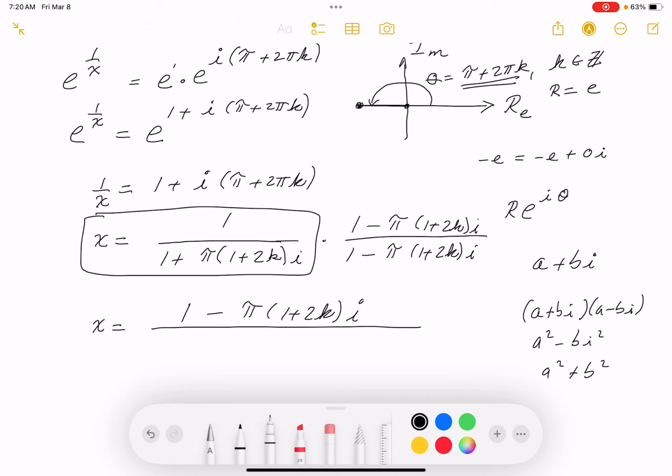So I'm going to write that down. The a squared is 1, and the b squared is going to be pi squared times 1 plus 2k squared.